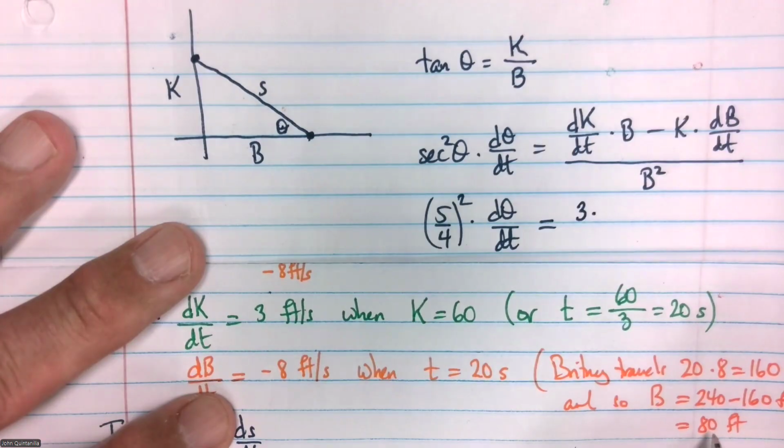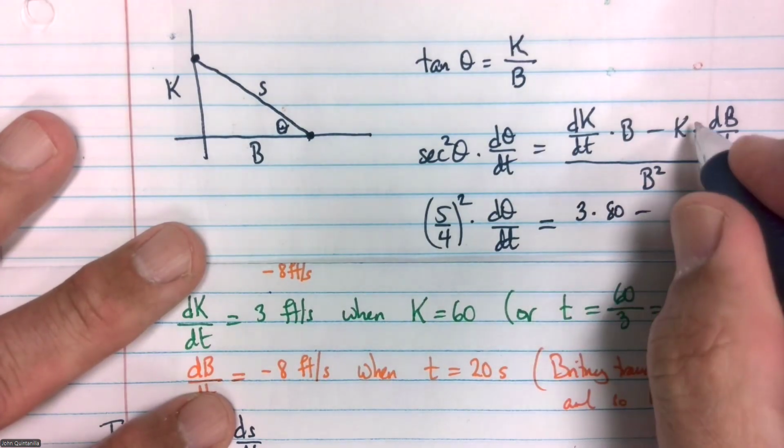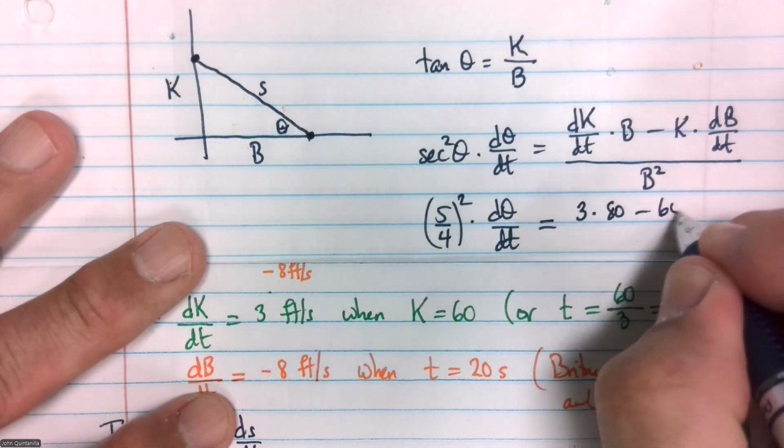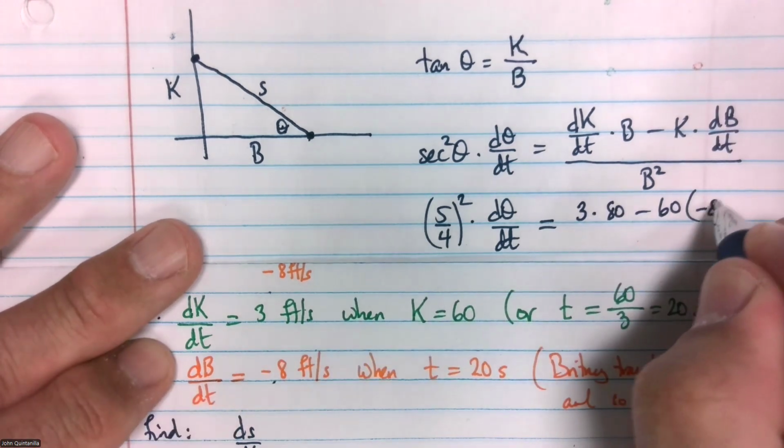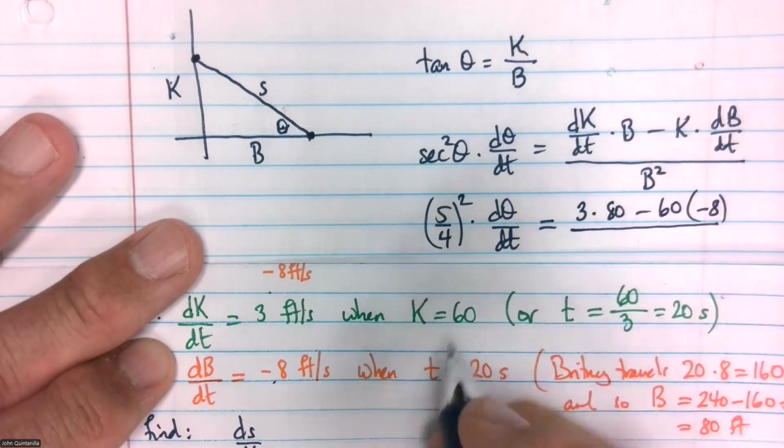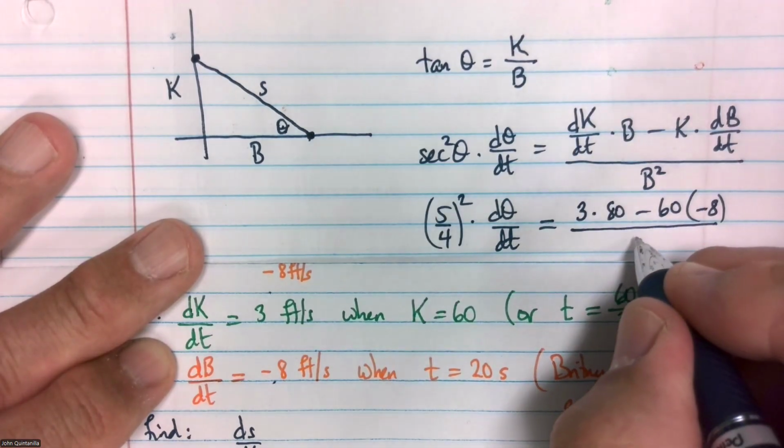B we figured out to be 80, K is 60. db/dt is negative 8, all over B squared, which B was again 80.